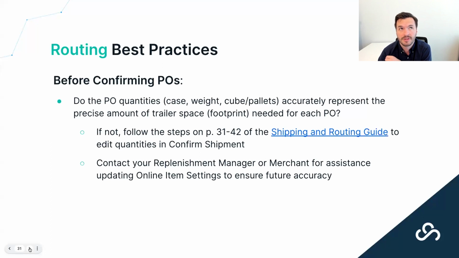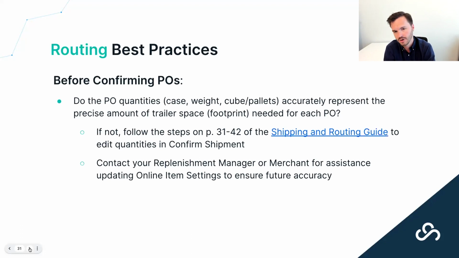A lot of people talk about this in the logistics world, just in terms of cubing, right? Is it all going to make sense within that allotted space? And if it's not, then there's the page numbers there, 31 through 42, which enumerates the different ways to edit quantities in the confirmed shipment section.